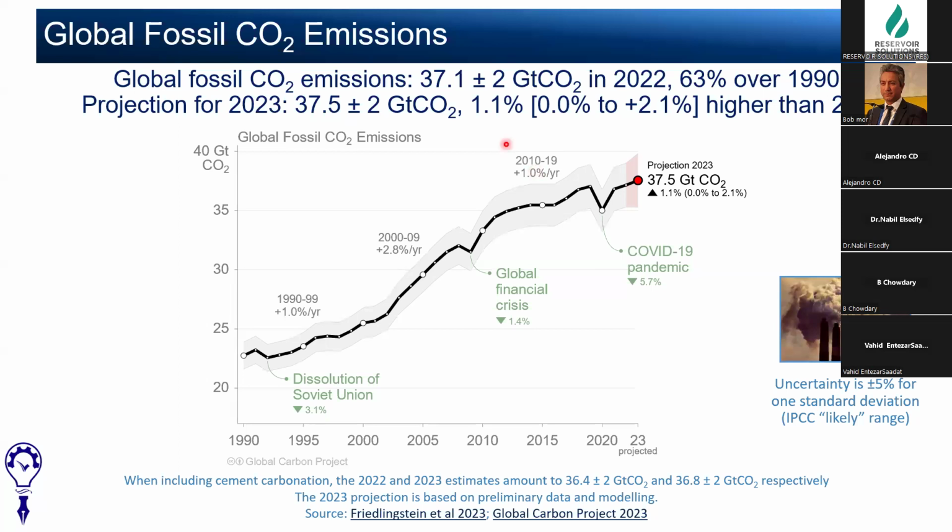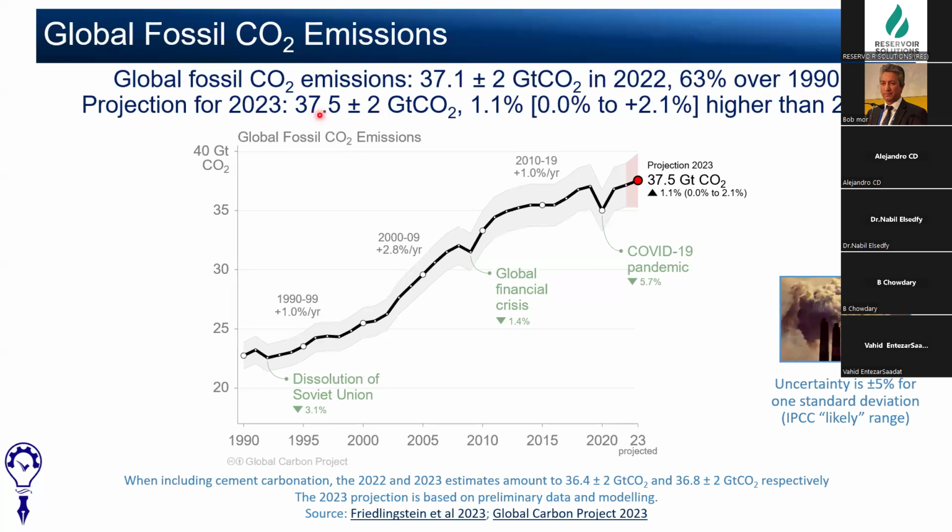This figure, as you can see here, shows us the global fossil CO2 emissions. As you can see, in year 2022, the global fossil CO2 emissions were about 37.1 plus minus 2 gigatons of CO2, which is 63% higher than in year 1990.